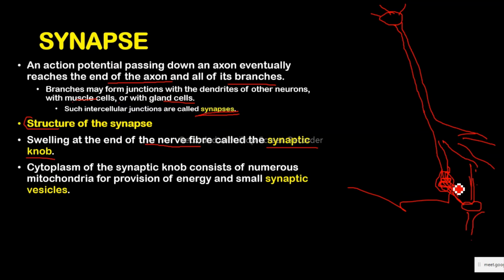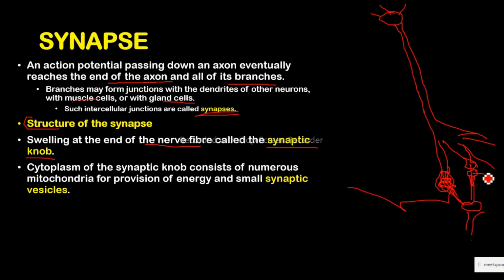Pre means before, post means after. So that knob that brings the impulse becomes the presynaptic knob. But this one that now takes the impulse from this neuron to this neuron is called a postsynaptic knob.